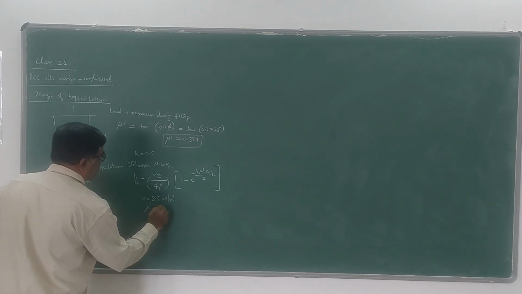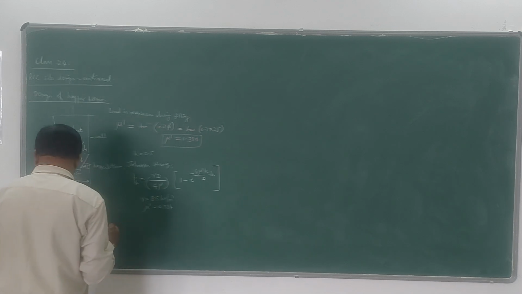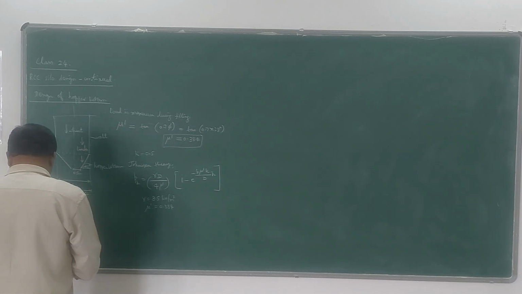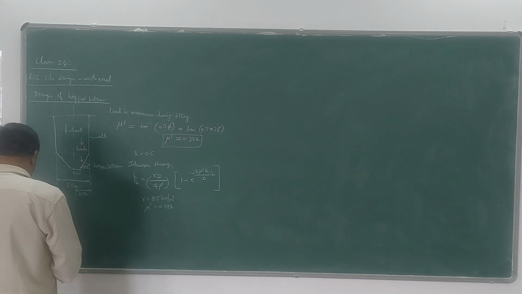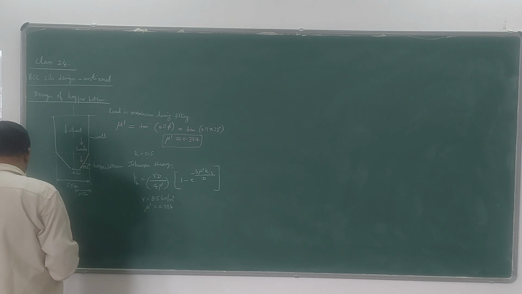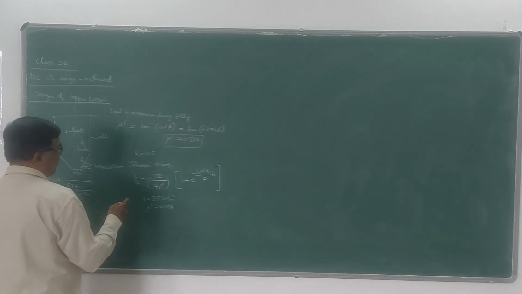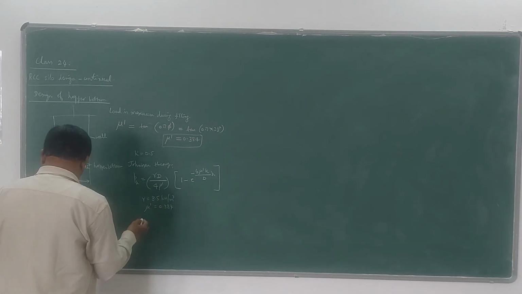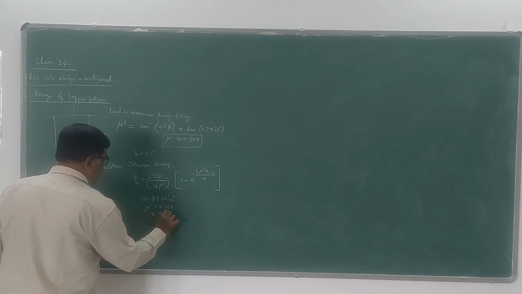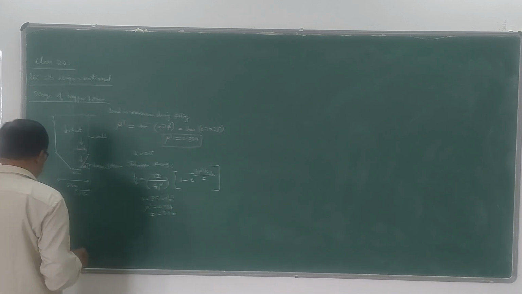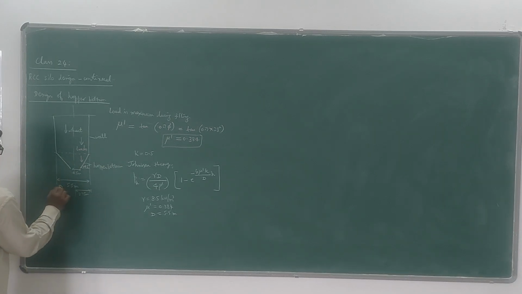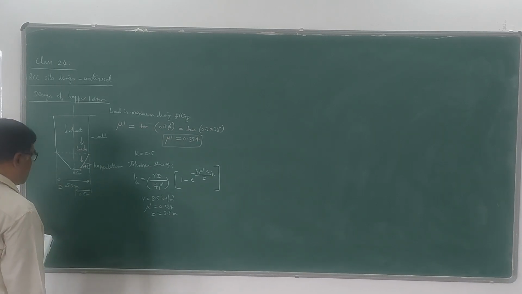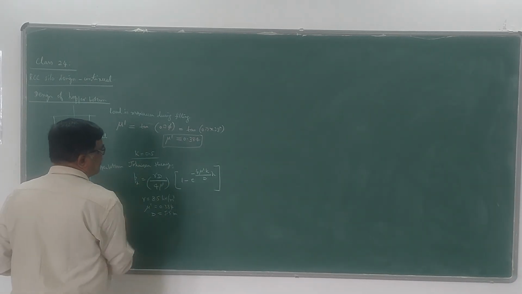Mu dash I have to take 0.384, and D, the internal diameter, of course is 5.5 meters given in the problem, and then K value of course 0.5.